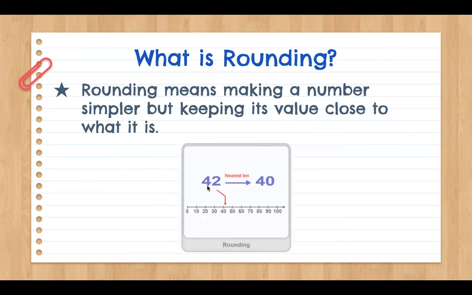So where would we place 42 on the number line? Close to 40, right? That shows us that 42 rounds to 40 because it's closer to 40 than 50. That gives us an example of what rounding is.